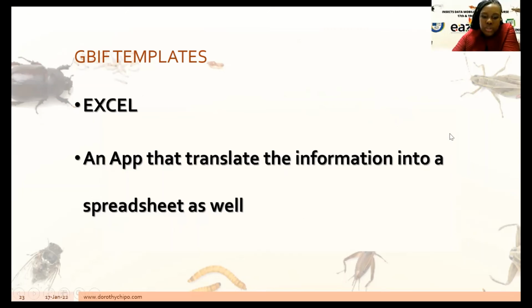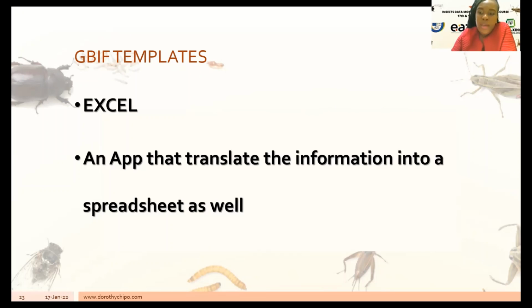GBIF offers a variety of already made templates of how to capture certain types of data according to the different formats or classes of data sets that are recognized by GBIF. We have 3 classes or formats of data that I'm going to focus on. I'm going to leave out metadata, because for this training we are not focusing on capturing metadata only.